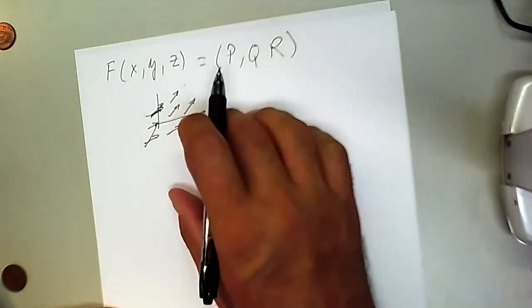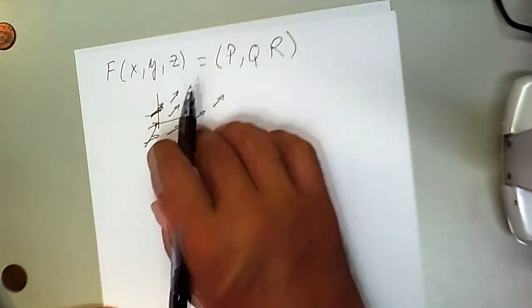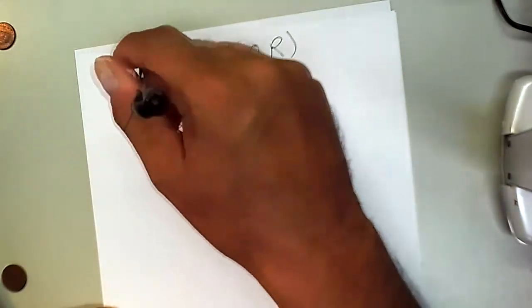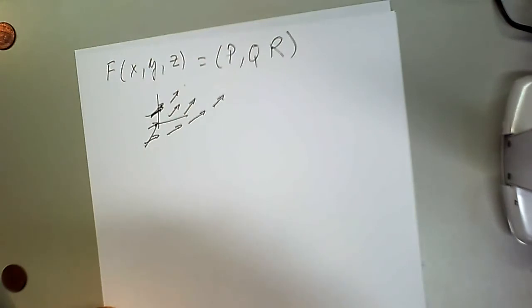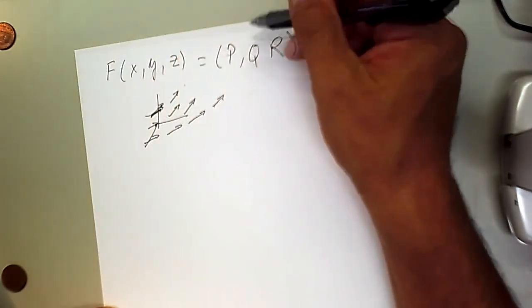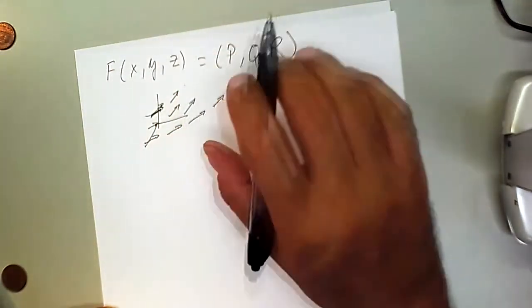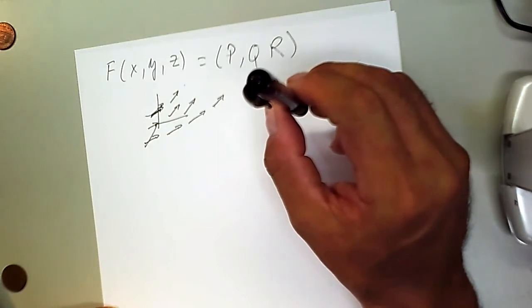So typically we have a continuous flow for every point in space. And we want to figure things out this way. So this is just a super quick introduction to vector fields.